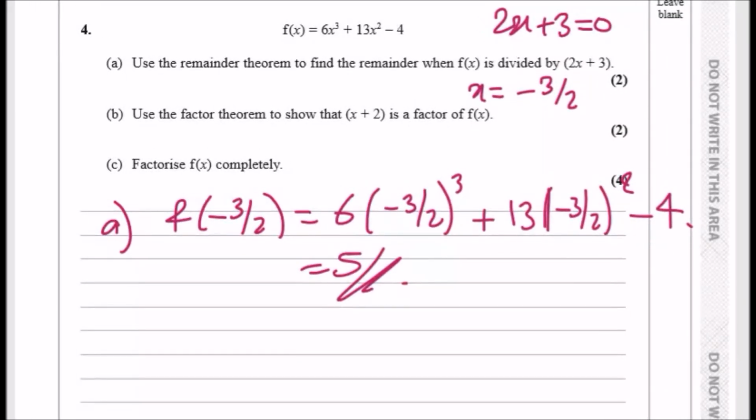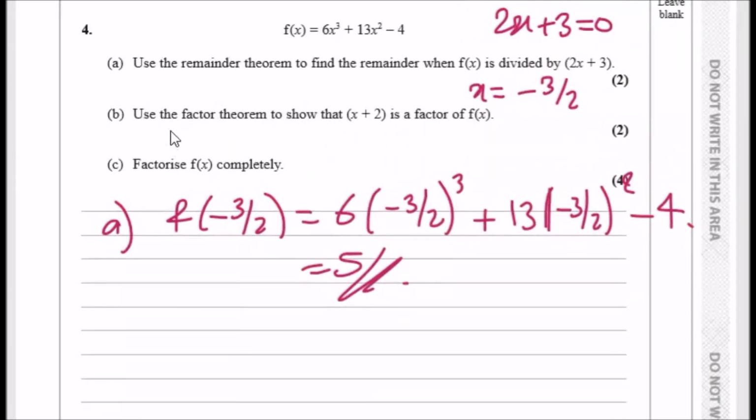Okay. Next one, part B. Use the factor theorem to show that x plus 2 is a factor of f(x). To show something is a factor, there should be no remainder. In other words, letting x plus 2 equals 0, we can use the value of x equals minus 2 if you solve it.